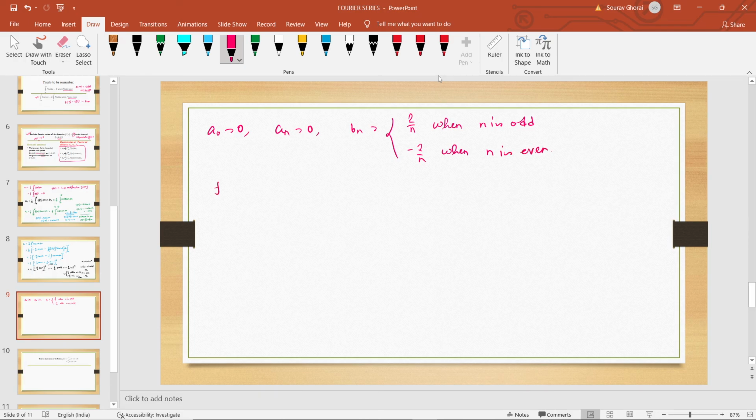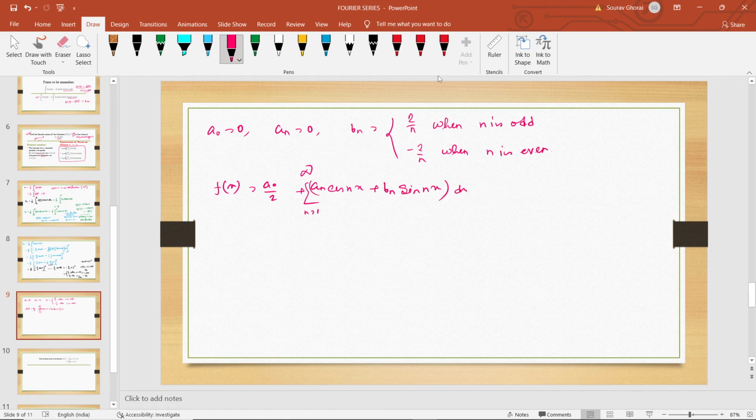So here the series will be f of x is equal to a0 by 2 plus summation over n is equal to 1 to infinity of an cos nx plus bn sin nx.